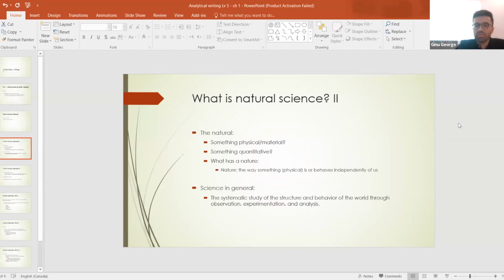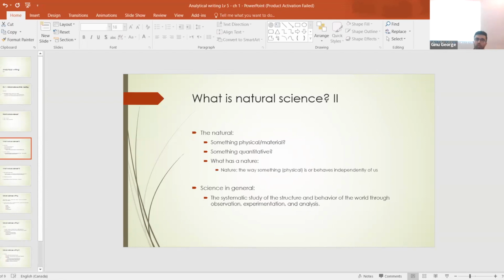Here's a proposal for what natural is: something that is a certain way or behaves a certain way independent of us, right? It doesn't depend on us. So like that tree over there outside, it behaves a certain way, it is a certain way, irrespective of our interests.